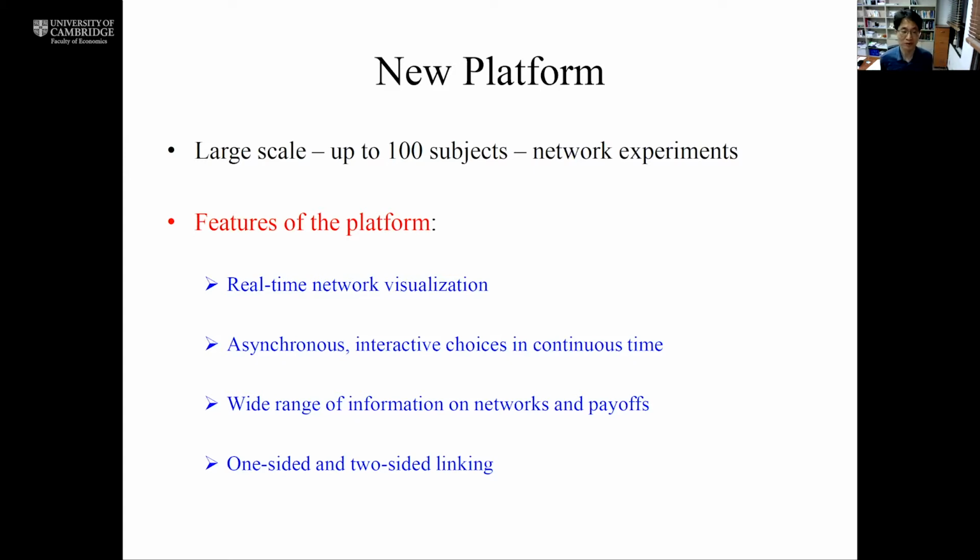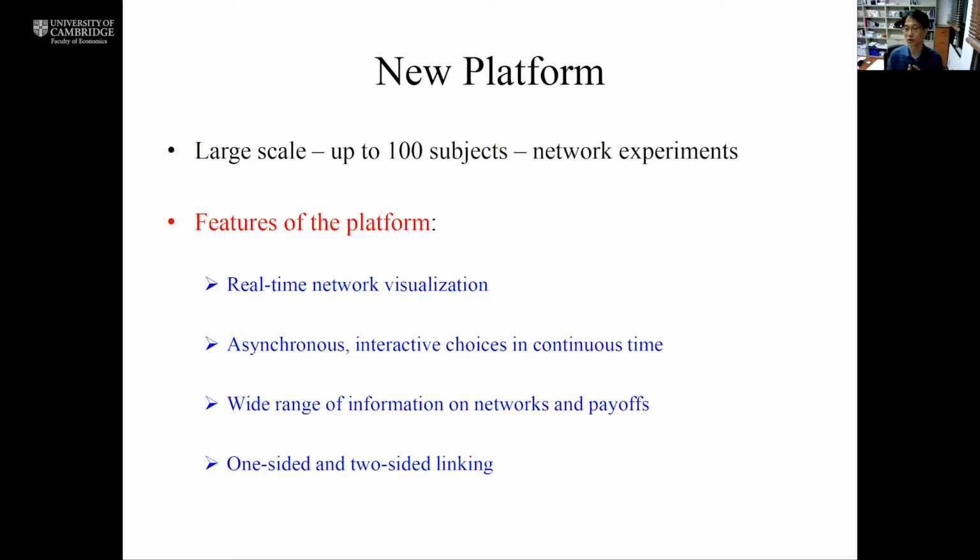The platform also allows a very wide range of information on network structure and payoff information. And finally, this platform can accommodate the different linking protocols that have been studied in the theory of networks. For example, we run experiments with one-sided linking, and also with two-sided linking. These are all the features that we incorporate in the platform when conducting the experiments.